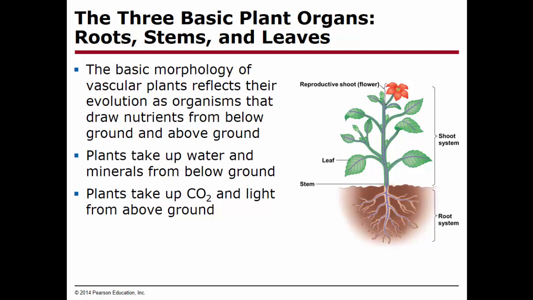Plants take up water and minerals through the roots, which are found underground. They also take in carbon dioxide and collect light energy above the ground. These are the raw ingredients needed for photosynthesis: water, carbon dioxide, and light energy.